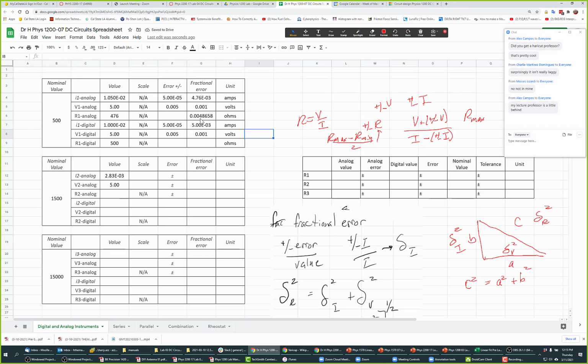I could always make it into scientific notation. And once again, this equals the square root of this fractional error squared plus this fractional error squared.